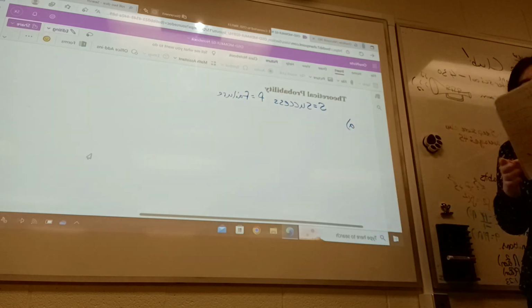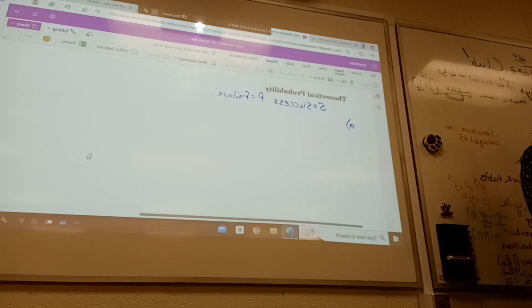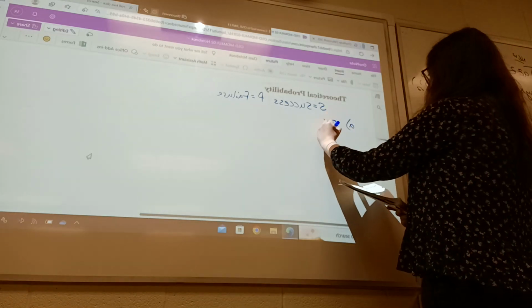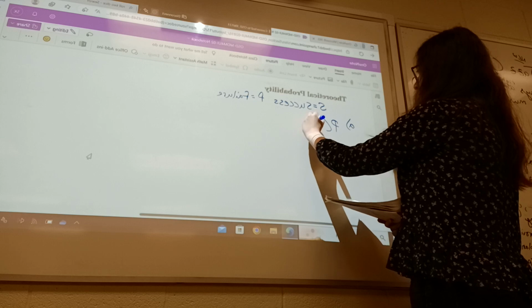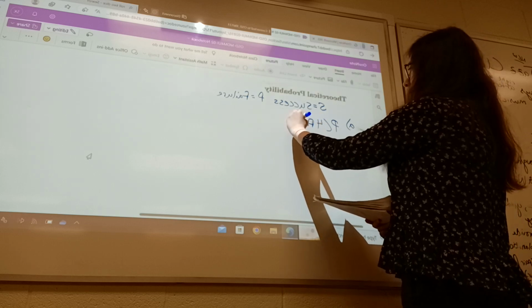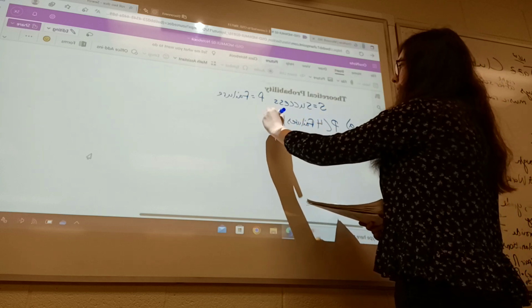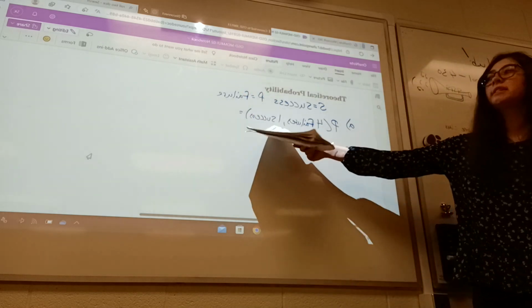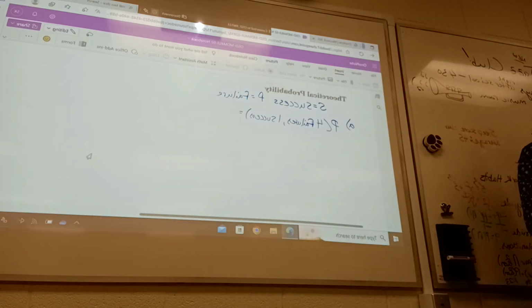We are looking at the same questions. Question A was, what is the probability the first roll of doubles will occur on the 5th roll? That would be the probability we have 4 failures followed by 1 success, right? 4 failures and then rolling the doubles.